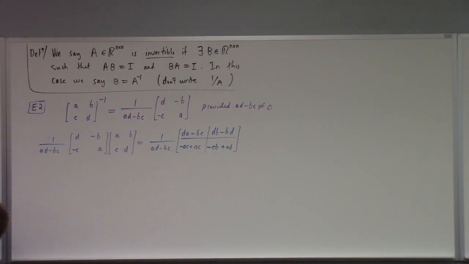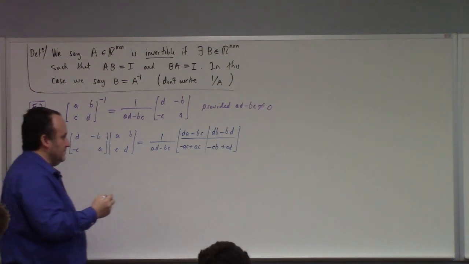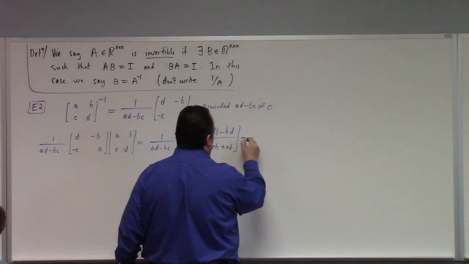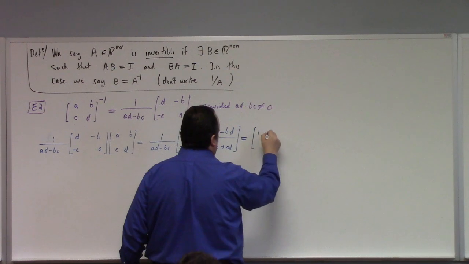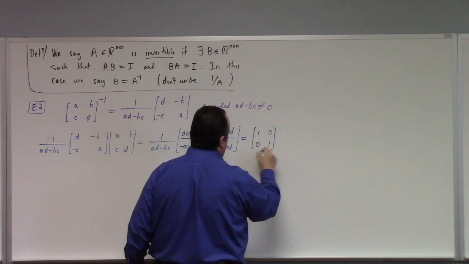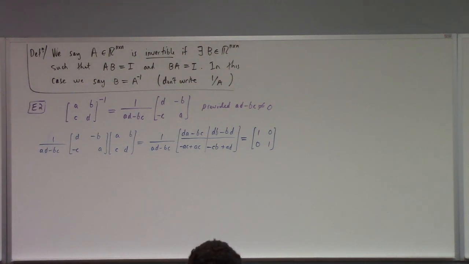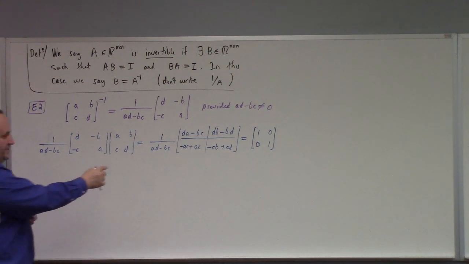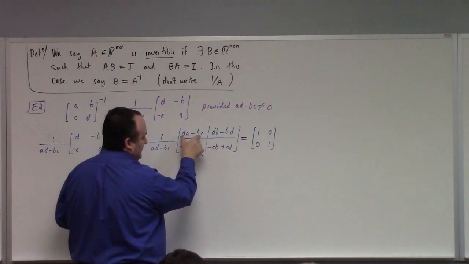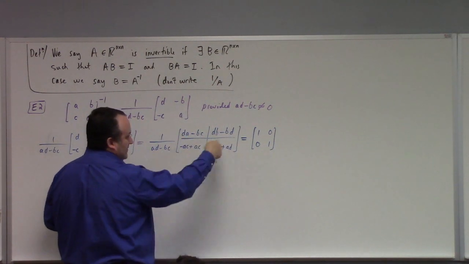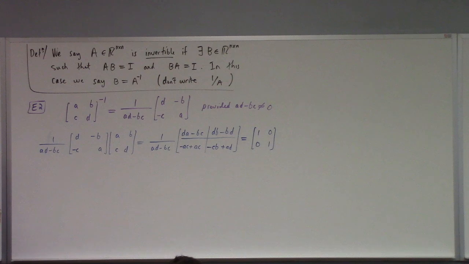But if you look at that, what do we have? We have the 2 by 2 identity matrix, because these cancel, and this is the same as that. So I bring that in, and I get 1 in both spots.